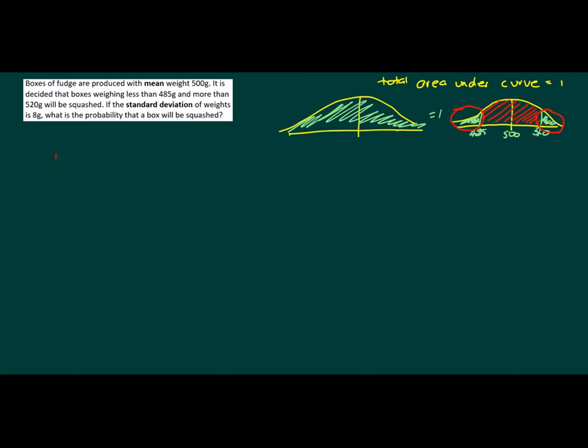So basically, if we were to write this down, the probability of x being less than 485, plus the probability of x being greater than 520, is the same as 1 minus the probability of x being between 485 and 520. So on the calculator, we're going to work our way through the second calculation to get our answer.